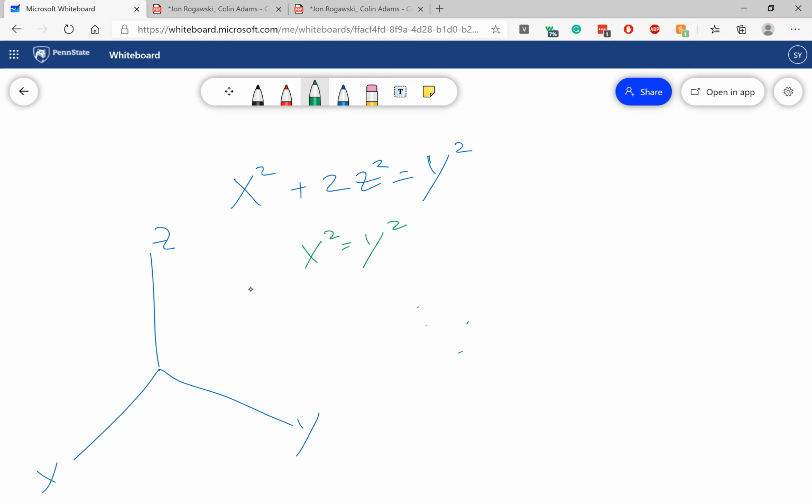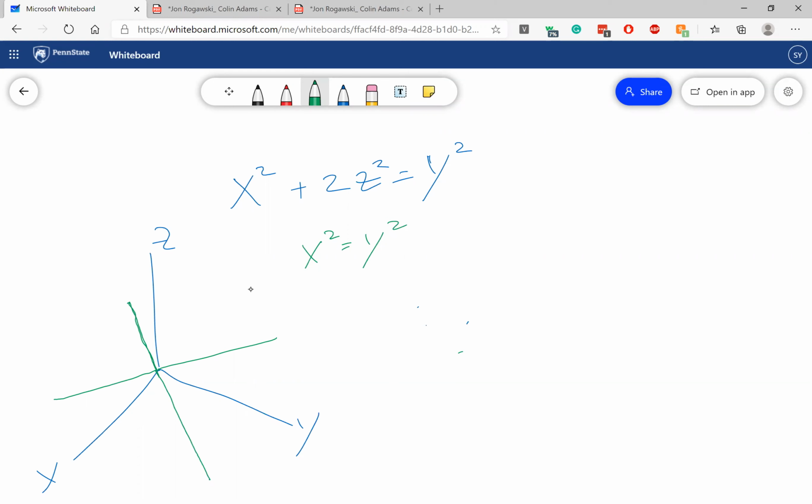So we get two lines. So here's your y and here's your x. So it would be like this, and then another line like this. So that would be lines.